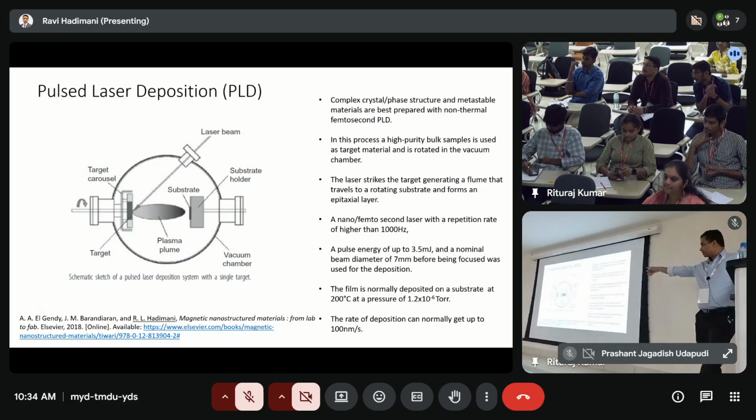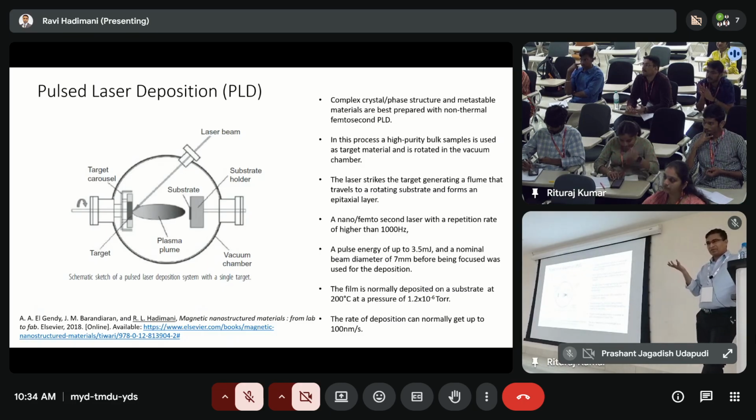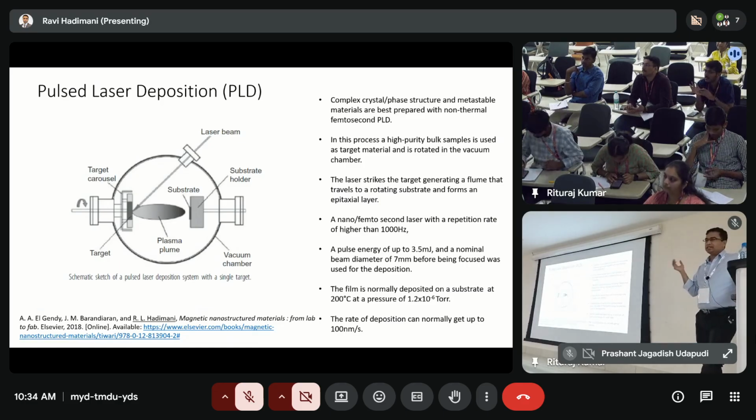I deposited a thin film of gadolinium silicon germanium that nobody had done before, because many people had tried. Because it's such a complex phase, any small temperature change disturbs the phase, and it's difficult to get that phase back.